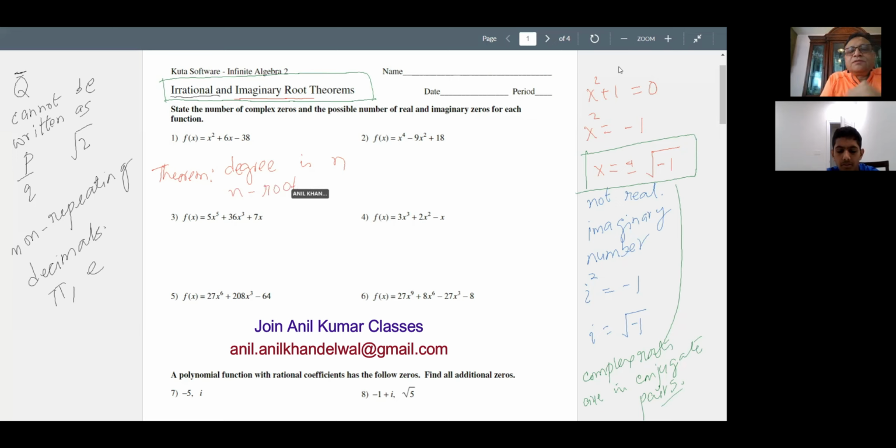Yeah. If degree is n, there are n roots. This is what the theorem says. These roots could be real or imaginary. Also, if imaginary roots are there, they always exist in pairs, which we say conjugate pairs. Is that clear to you?